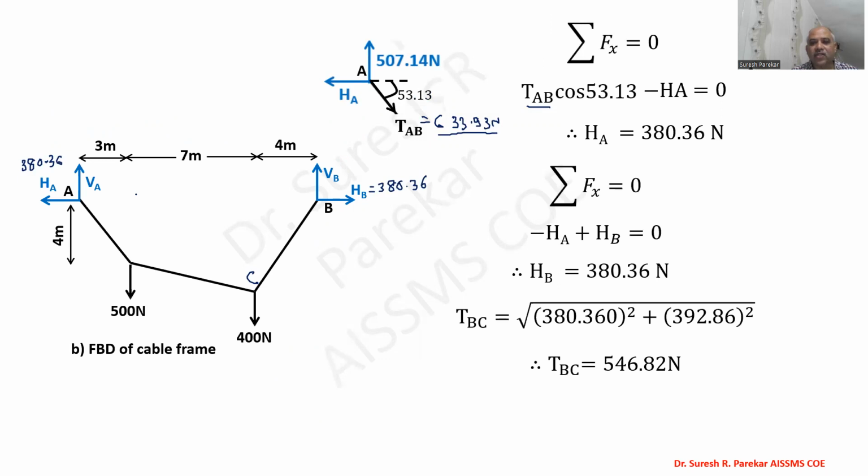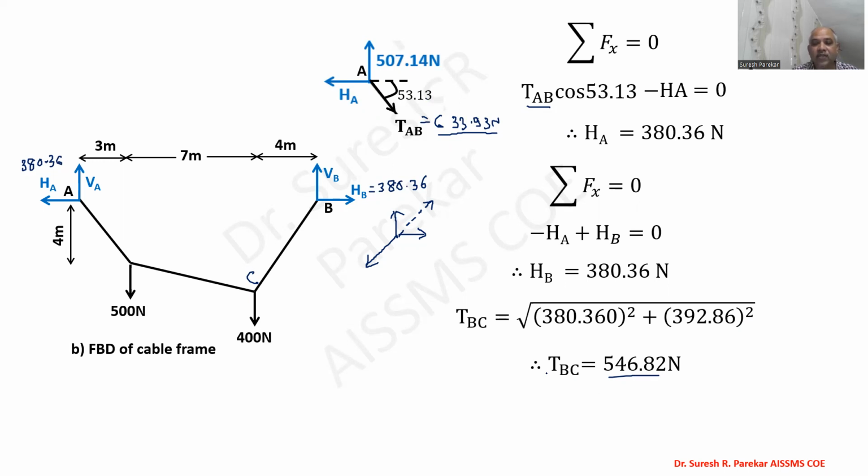So we can simply use the root of, because if we consider this, we are going to be in this fashion. So this becomes your resultant, in this direction. Then we can take this as root of 380.36 plus 392.86 whole squared, and TBC is 546.82.